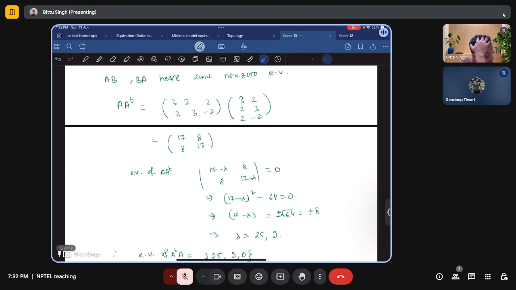So 17 minus lambda will be plus or minus 8. So 17 plus 8 is 25, 17 minus 8 is 9. It is also clear that if we subtract 25, then that will become minus 8, 8. So this is an eigenvalue, it is clear. If we subtract 9, that will become 8, 8. This is also correct. I don't know where the mistake is.